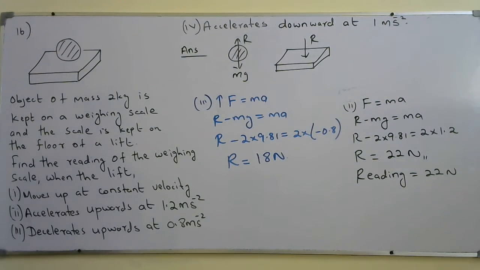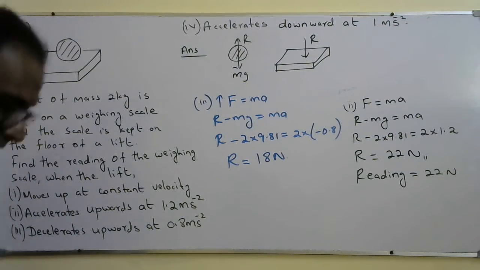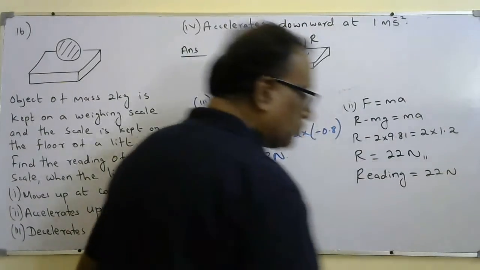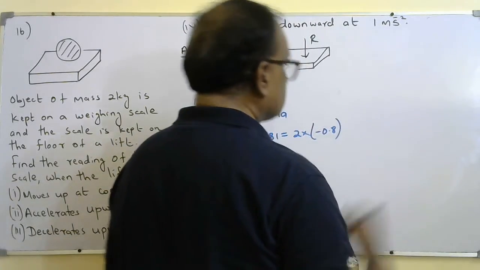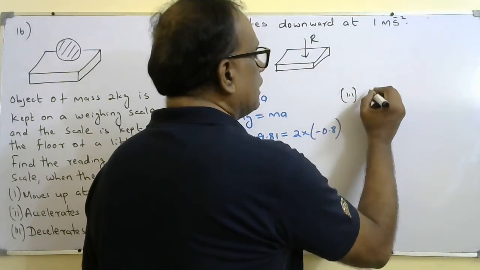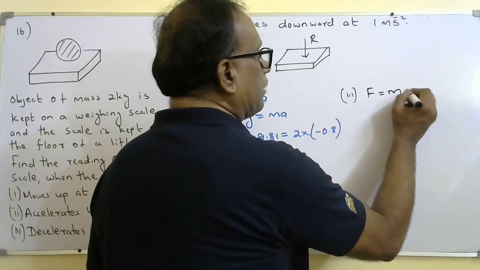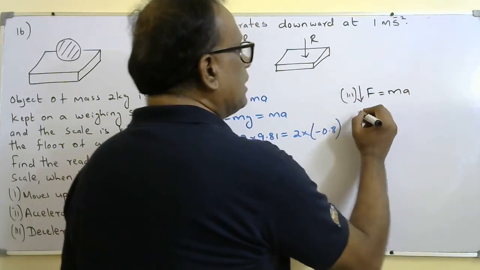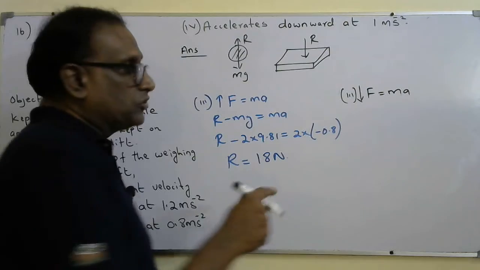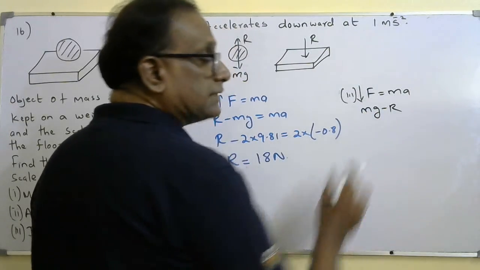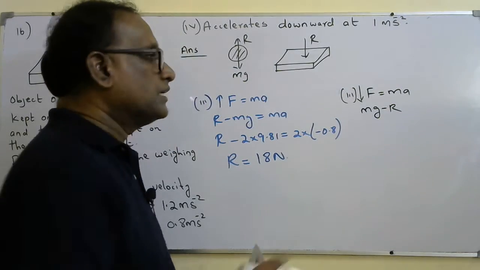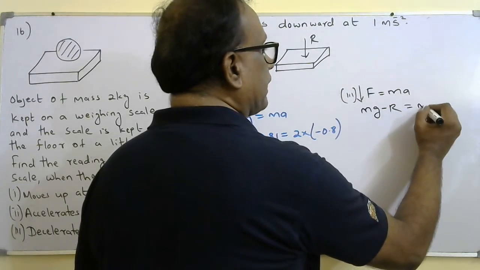Fourth part, accelerates downwards at 1 meter per second squared. So F equals ma, I am going to use the downward direction. Accelerates down means the resultant force should be down. So mg minus R, because mg should be larger than R if it is accelerating downwards. mg minus R equals ma.